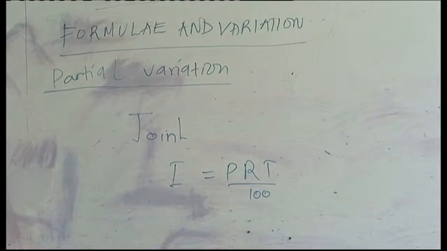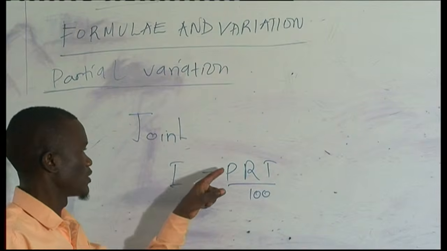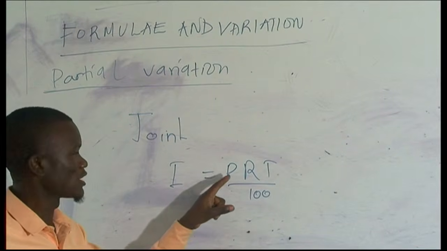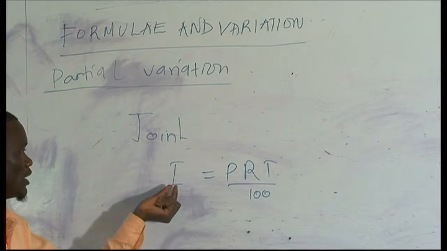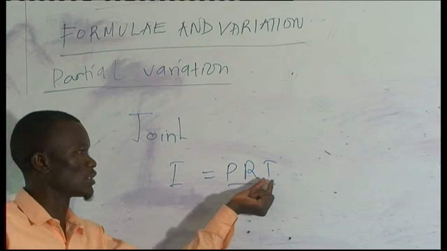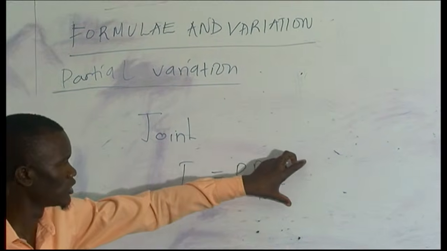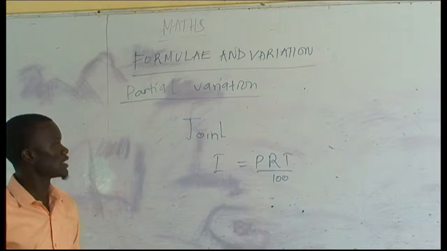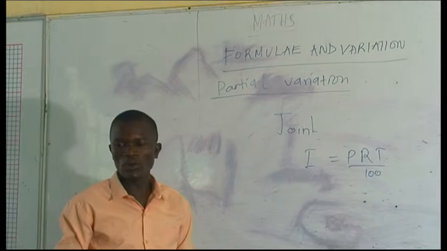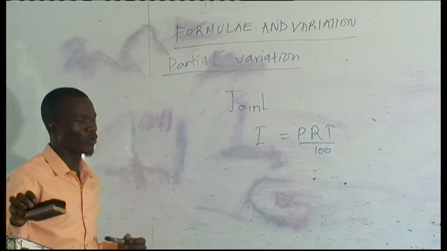Here I represents interest, P the principal or deposit, then rate, then time. You see, the interest here is a function of these three variables. So when the three variables are joined in this manner, we call it a joint variation. But in our class today, what we want to focus on is partial variation.